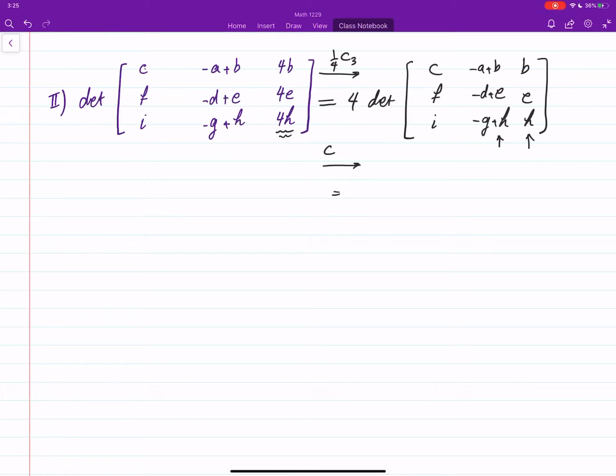Meaning that we can subtract column 3 from column 2. This way, we will have minus A plus D minus B. That will cancel. Minus D minus G. This is B, E, H. Very nice.